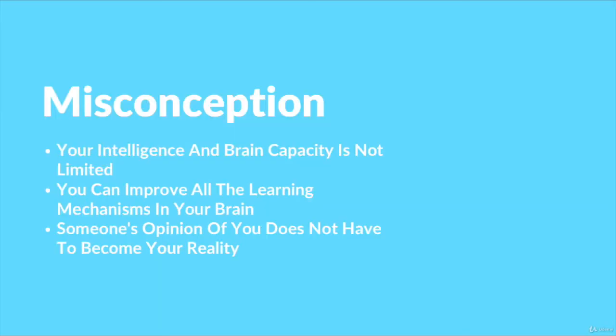And therefore, you can improve all the learning mechanisms in your brain, whether it's math, whether it's writing, whether it's your ability to memorize stuff. You can develop any learning mechanism you want through neuroplasticity. And we're going to talk about it a bit more later on, how to use neuroplasticity to develop all the learning mechanisms that you want.